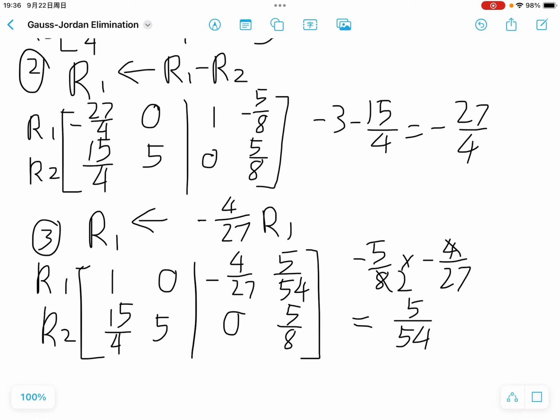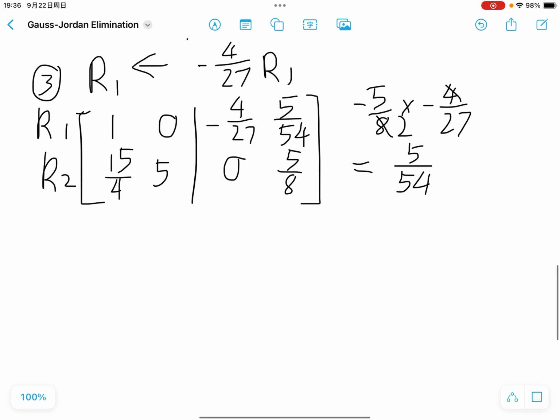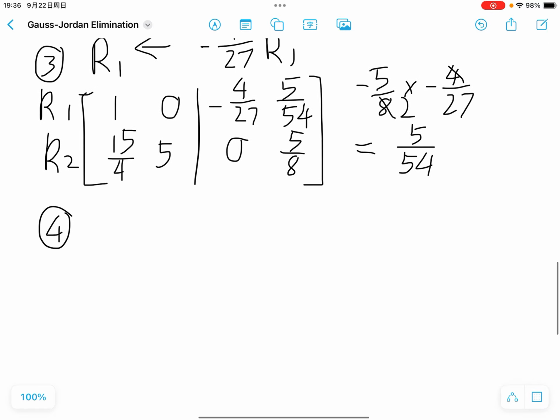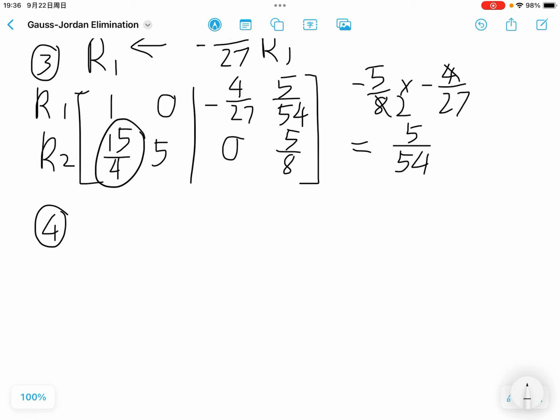Okay, so right now we already have our first row in place because we want the left hand side to be an identity matrix, and we already have our first two elements, which are 1, 0. So we're halfway there. Now we want to transform row 2. So firstly we want to get rid of this. We want 15 over 4 to become 0 because the row 2 of the identity matrix is 0, 1, right?